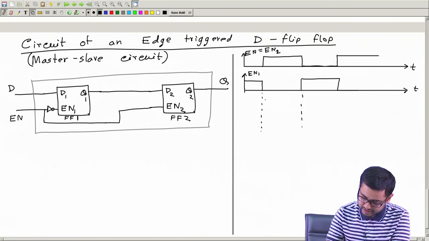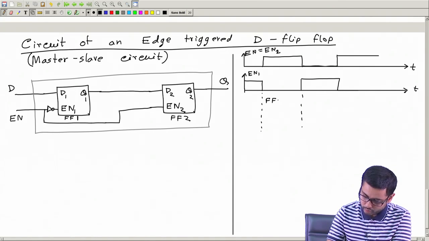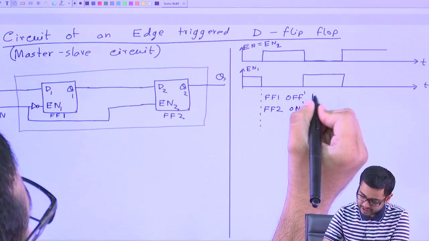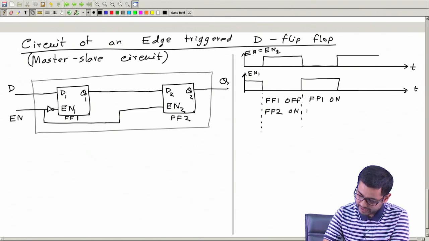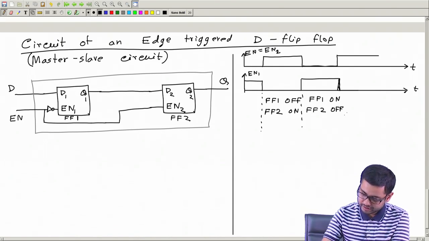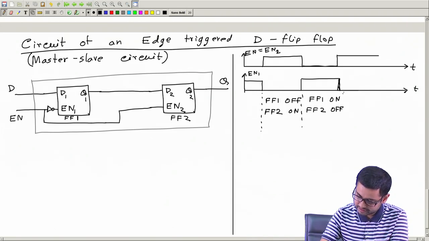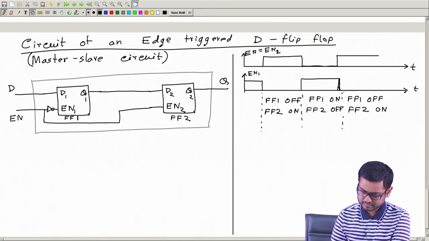Here I can write FF1 is off and FF2 is on, right, because enable 2 is on. Here I write FF1 on and FF2 is off up to this instant. Okay. Then once again I can write FF1 off, FF2 on.